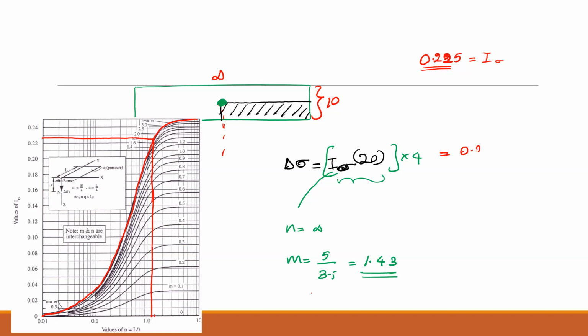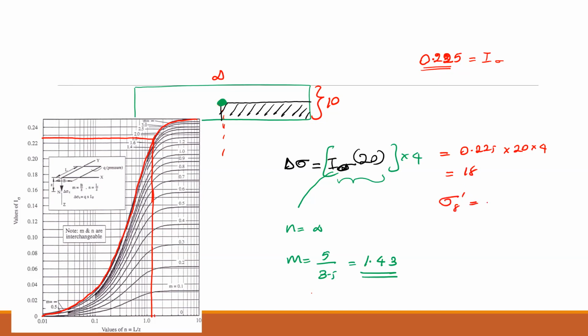So 0.225 times 20 times 4. So this is the stress increase. So stress increase is 20 times 0.225 times 4. 18. Is 18, yes. So stress increase is 18.